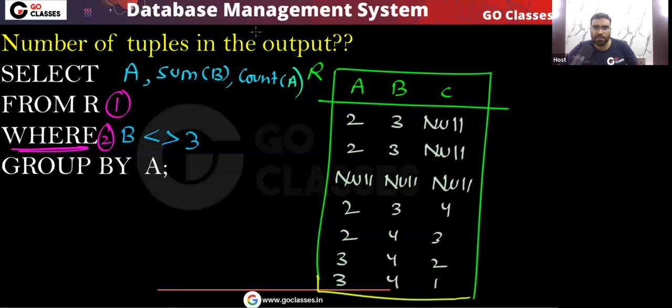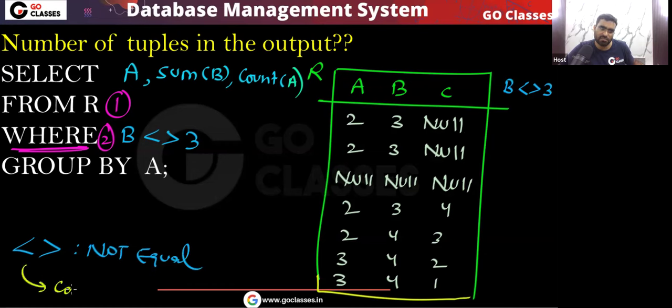So tell me which tuple will satisfy B is not equal to 3. This is a comparison.